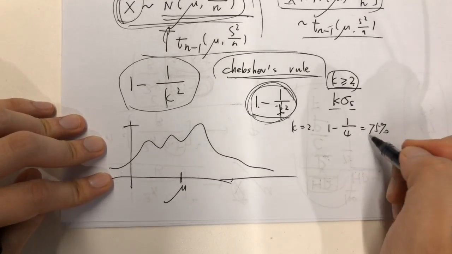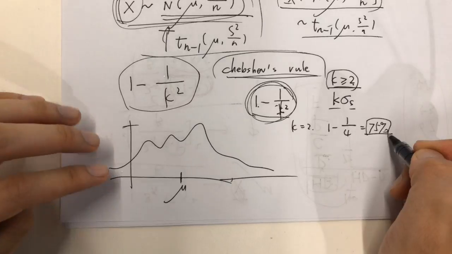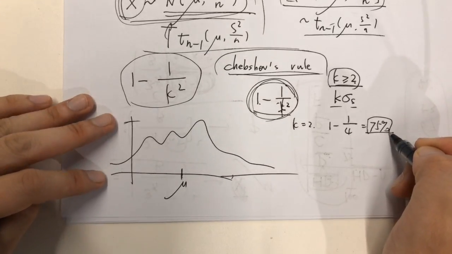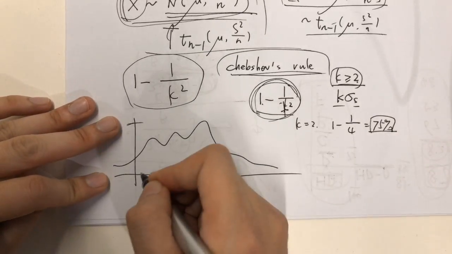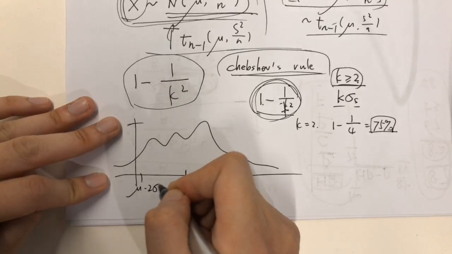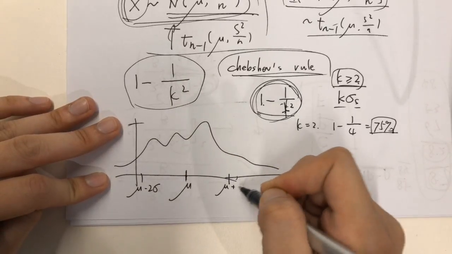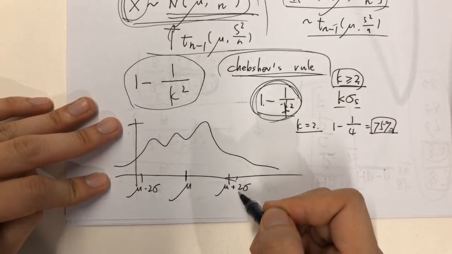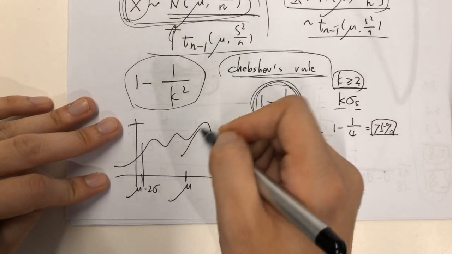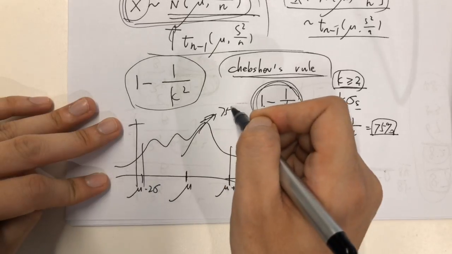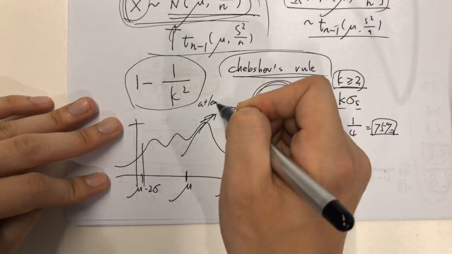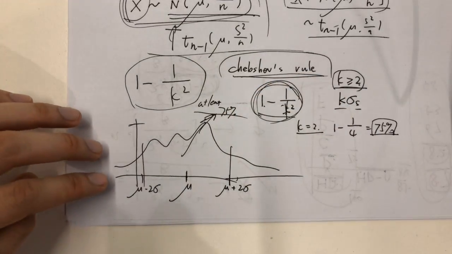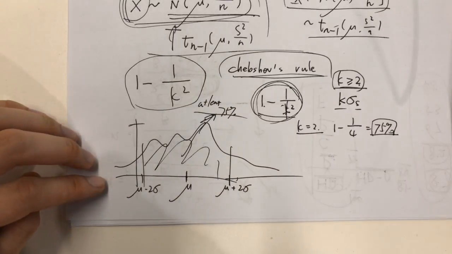So it means 75% of the data will fall between mu minus 2 sigmas and mu plus 2 sigmas. So k is 2 here, right? Happy with that? This is at least 75% that will fall within this area.